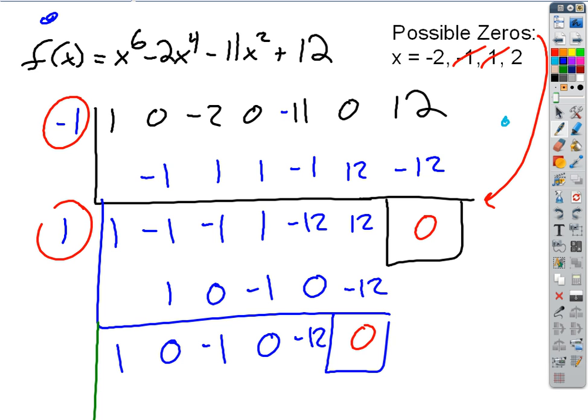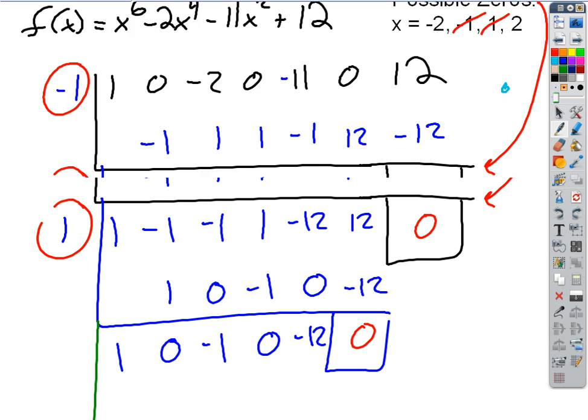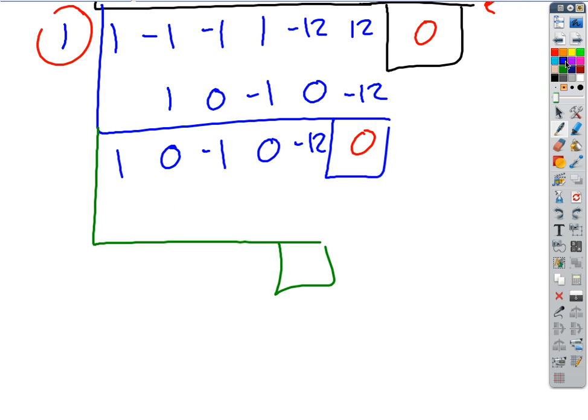I'll make one up for you here. Okay, so let's try -2. Winner.